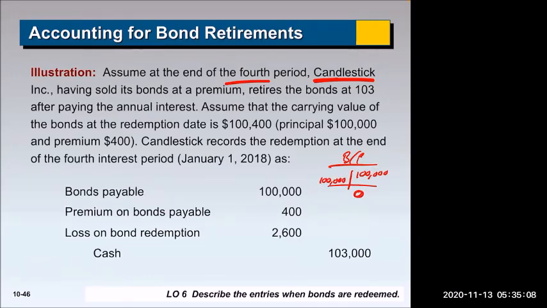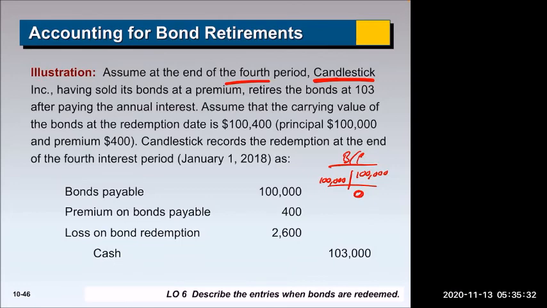Now, keep in mind that my investor's not happy about this. The reason they bought the bond was because they wanted a 5-year investment earning that rate of interest, right? I'm now calling them up and saying, hey, I'm going to pay this thing off early. Well, they're not super happy about that because they were expecting to get 1 more year of interest.